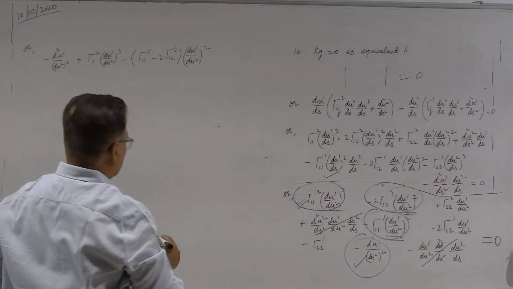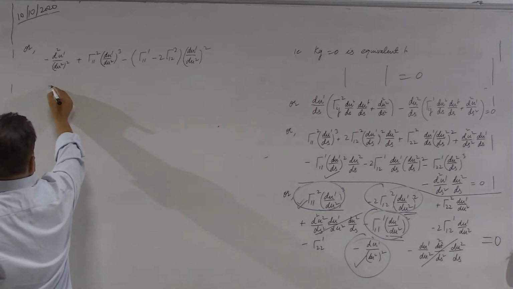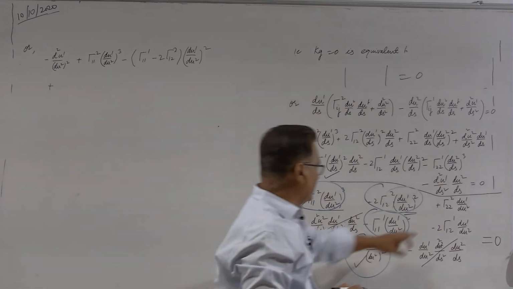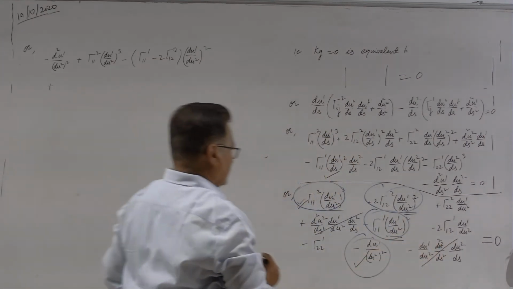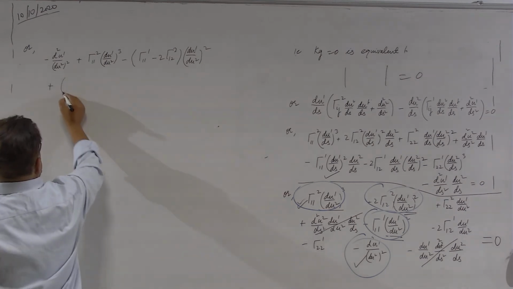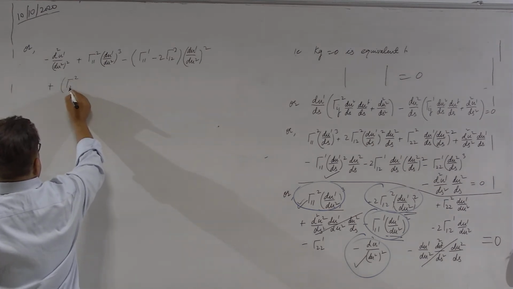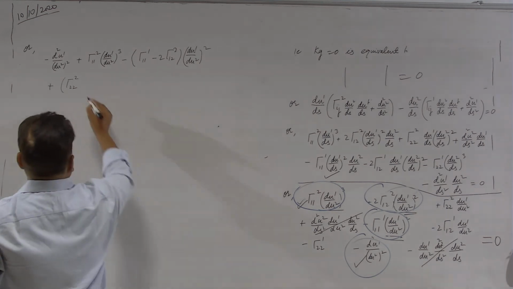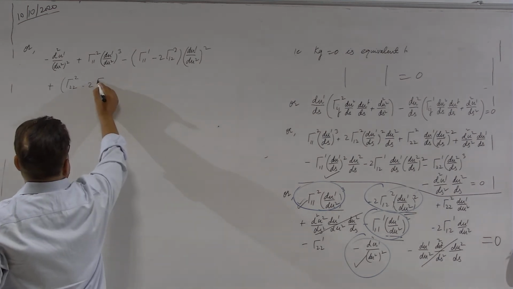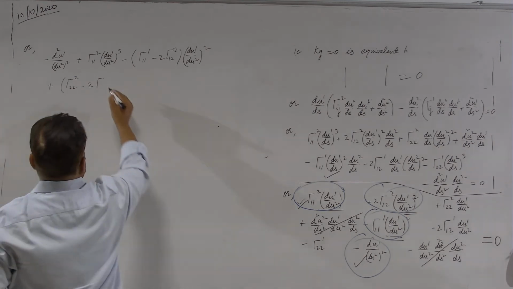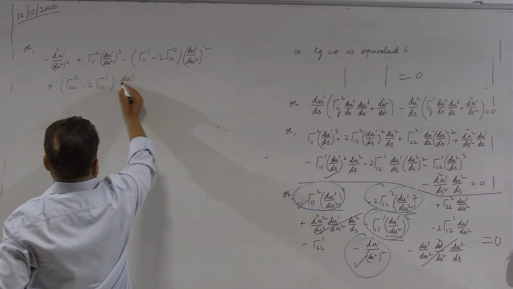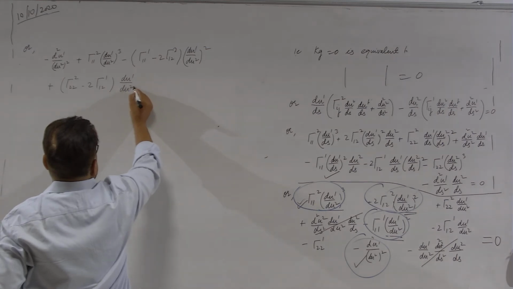Okay. So now next is plus. I will look at the terms of degree 1. So these are the two terms of degree 1. So plus 2 2 2 minus 2 1 2 1 1 2 into du1 upon du2.